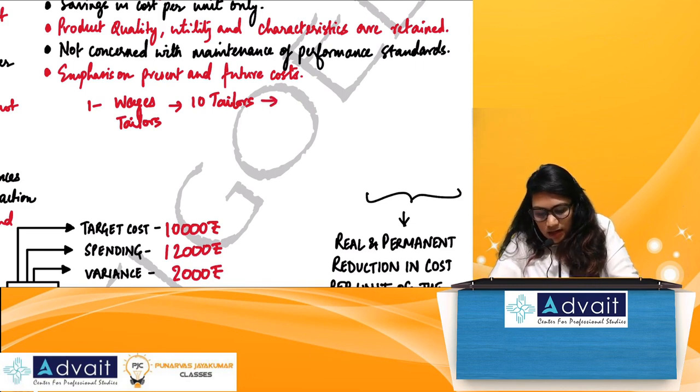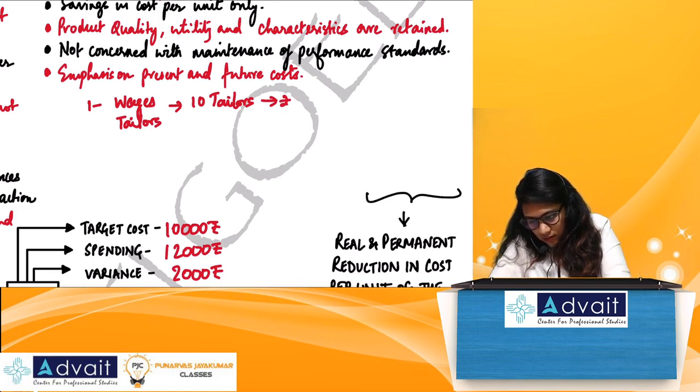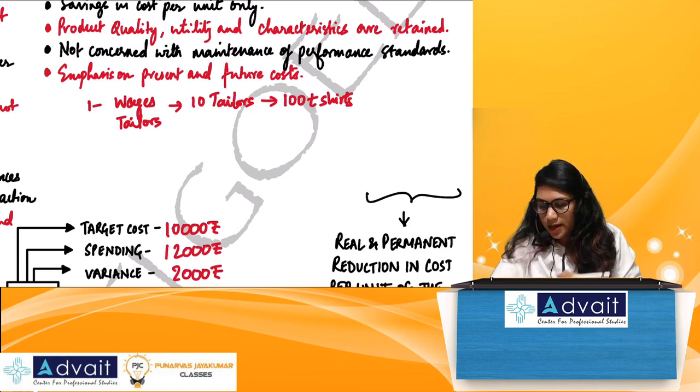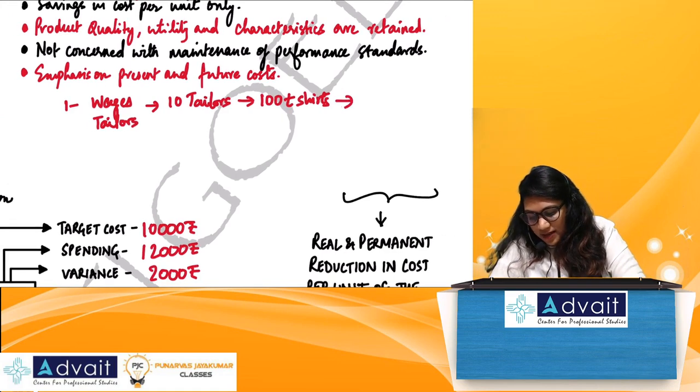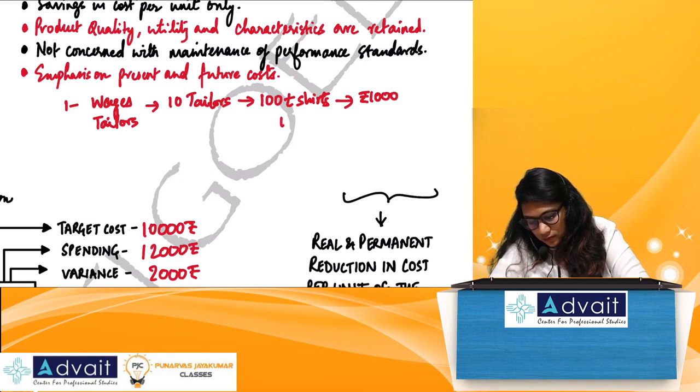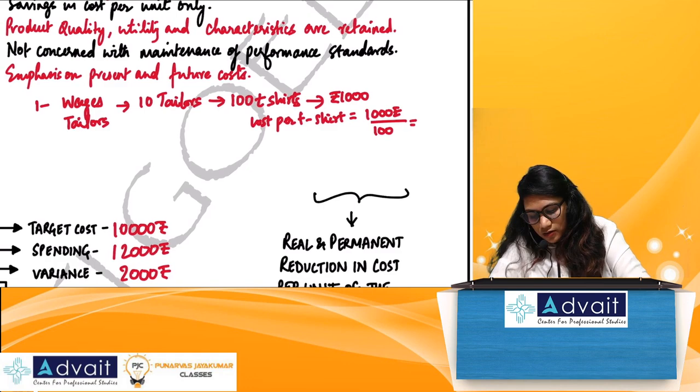So 10 tailors are totally manufacturing 100 t-shirts, and they are paid 1,000 rupees. So what is my cost per t-shirt? 1,000 rupees by 100.